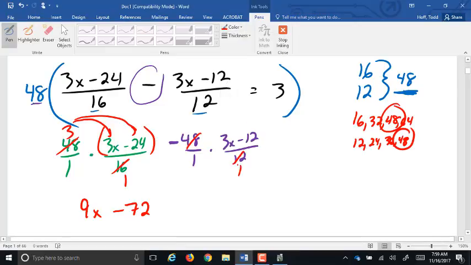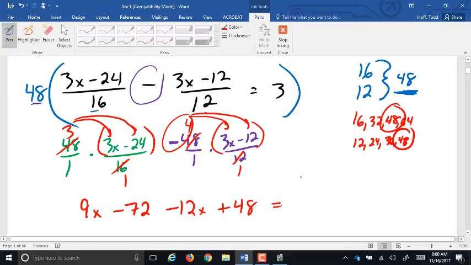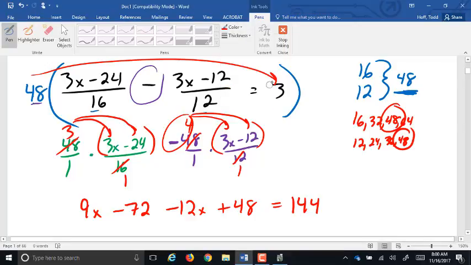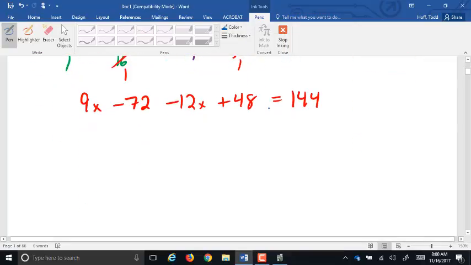12 and 48 cross cancel to give me 1 and 4. Actually, negative 4. So it's negative 4 times 3x, negative 12x. Negative 4 times negative 12 is positive, negative times a negative. And then 48 times 3 is 144. Now, to solve, 9 and negative 12 make it negative 3x.